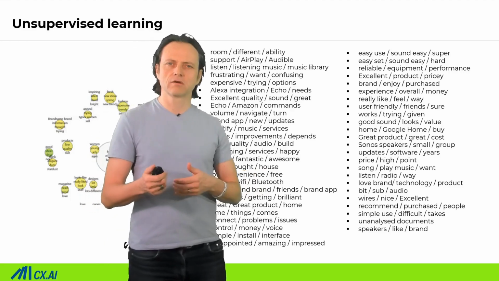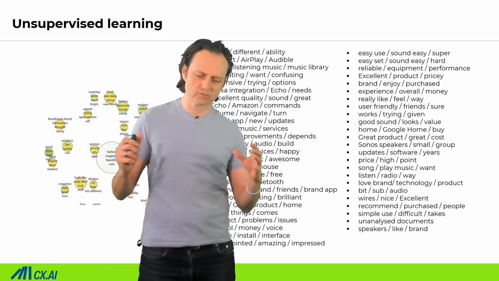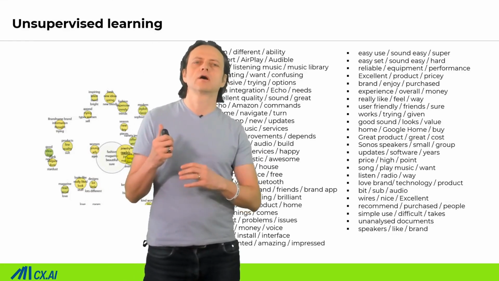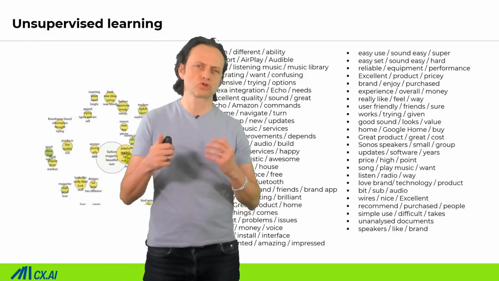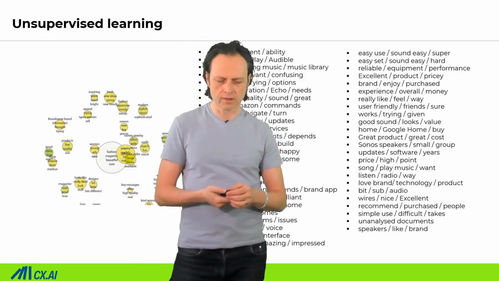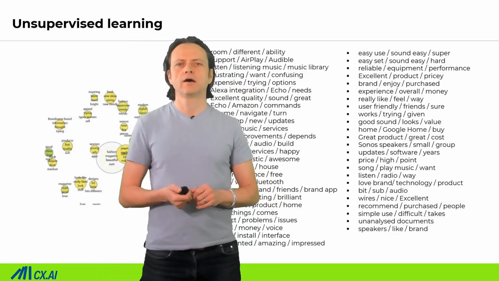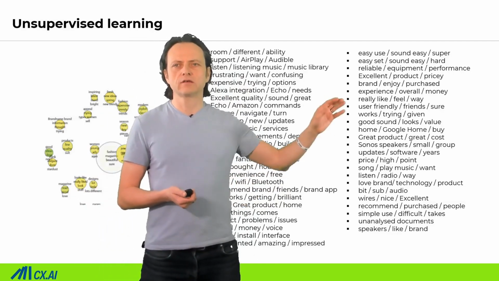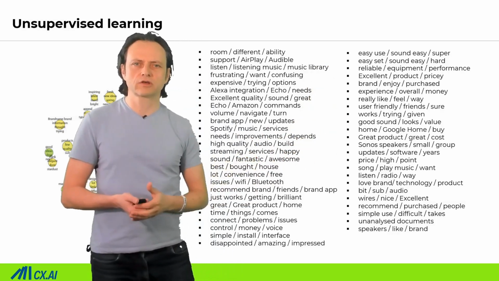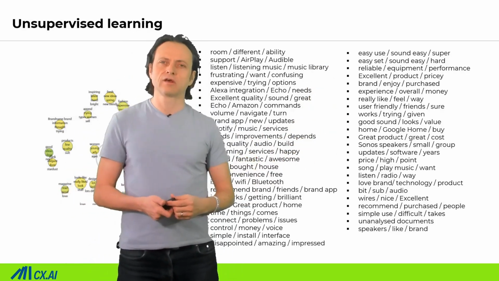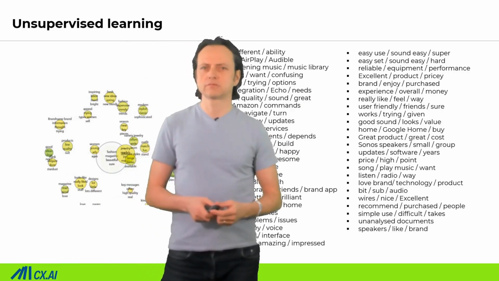Basically, it clusters verbatims, or pieces within verbatims, that sound kind of similar to each other. There are, of course, different techniques to do that. This is an example of what you get. And of course, there are differences between the technologies and the vendors.